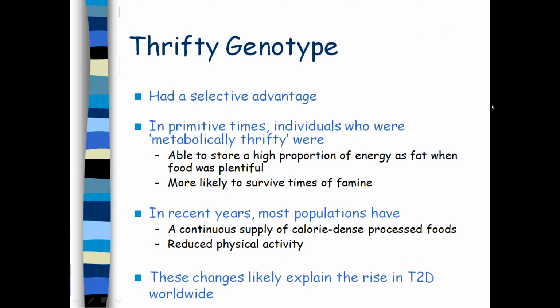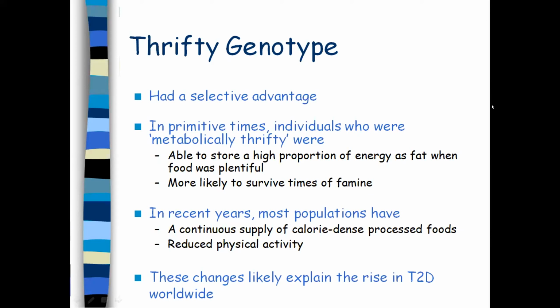So in primitive times, individuals who were metabolically thrifty were able to store a high proportion of energy as fat when food was plentiful, and were more likely to survive hard times. In recent years, there has been a continuous supply of calorie dense processed food and reduced physical activity.